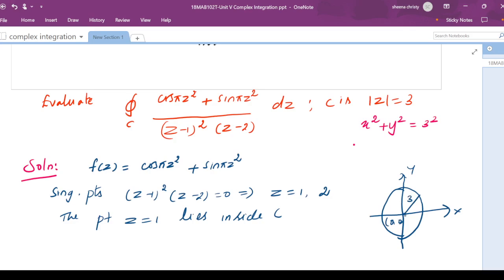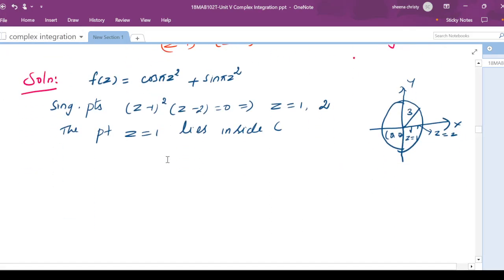So definitely the point z equal to 1, let us take this as z equal to 1, and this point is z equal to 2. So definitely both points lie inside C. Here the point z equal to 2 also lies inside the contour C. Next, if both points lie inside C, what do we have to do?